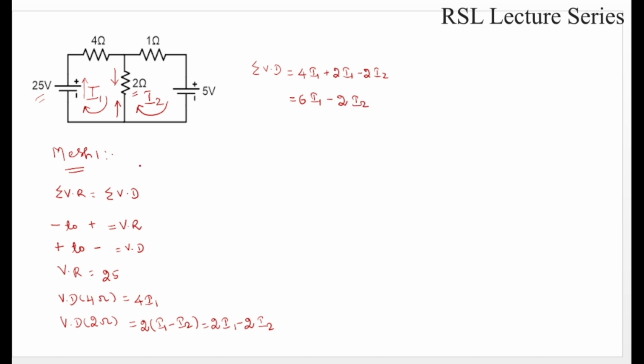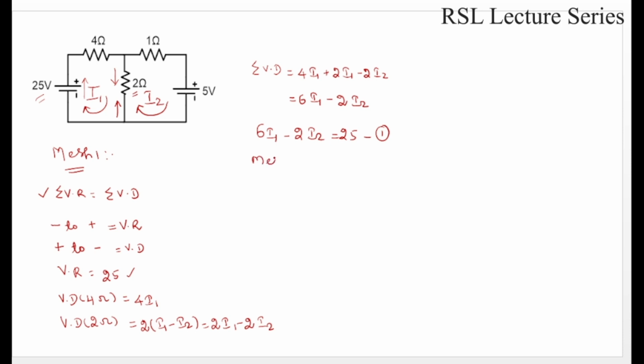By Kirchhoff's voltage law, the sum of the voltage rises is equal to the sum of the voltage drops, so we equate them. We can write 6I1 minus 2I2 is equal to 25. This is equation number 1.